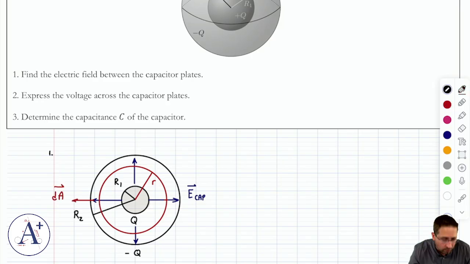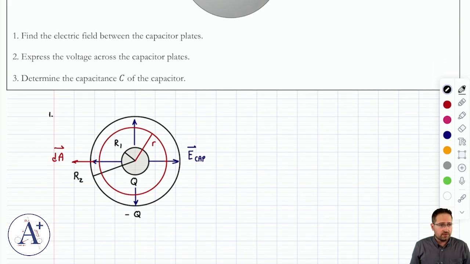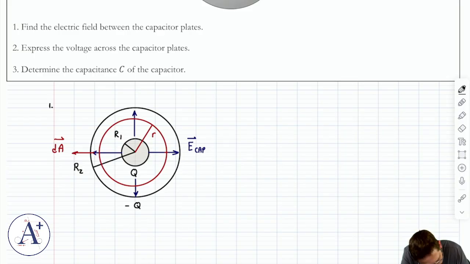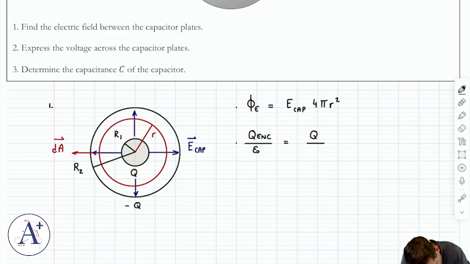This is Gauss's law for a sphere of charge. So by Gauss's, well, not by Gauss's law yet. First, let's compute the electric flux. Flux is outward, so it's positive. It's going to be E cap multiplied by the surface area of the Gaussian sphere. And then Q enclosed over epsilon naught is the amount of charge enclosed, which is just Q, and we divide that by epsilon naught.